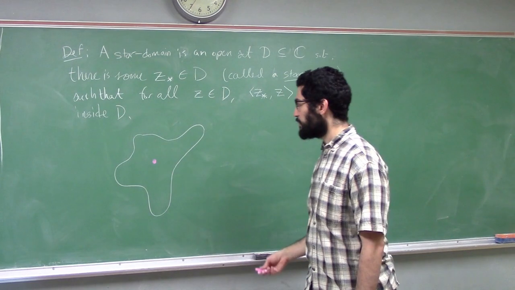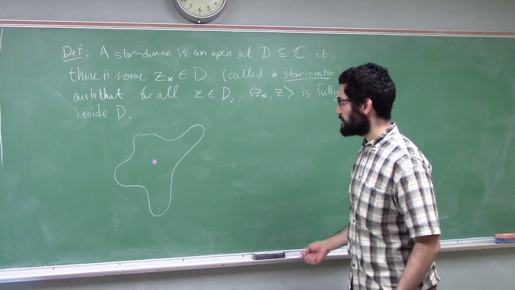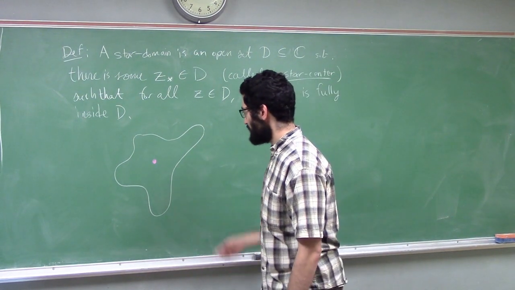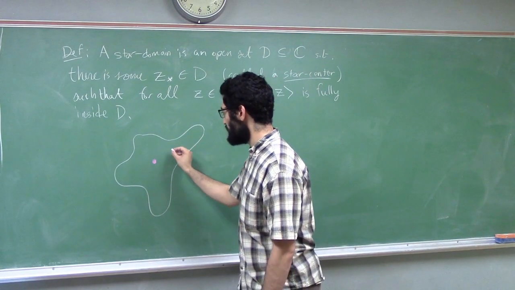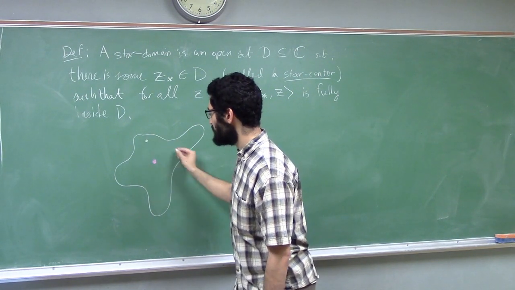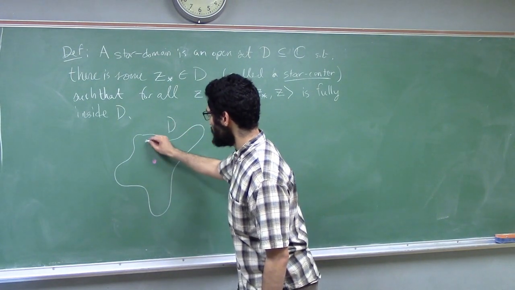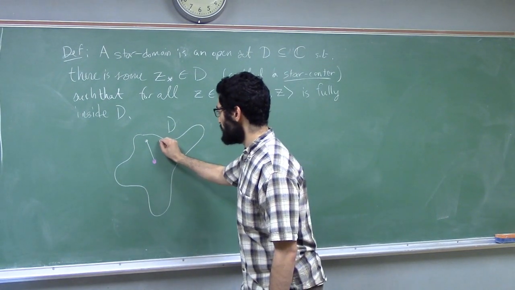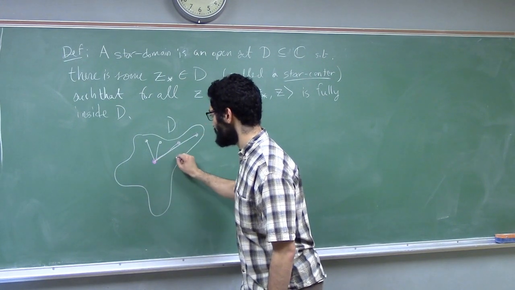So if I call this pink point z sub star, then let's verify that it serves as a star center and therefore makes this set a star domain. So the idea is that if I take any other point, so here's a random point, in the set D, then the line segment joining that point to the pink point is fully inside of D. So just check enough of them and you might be convinced by the picture.